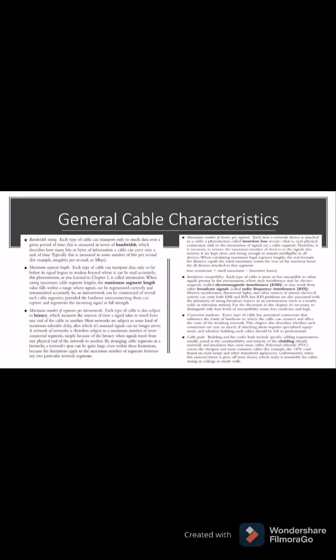Polyvinyl chloride or PVC covers the cheapest and most common cables, for example, the 120V cord found in most lamps and other household appliances. Unfortunately, when this material burns, it gives off toxic fumes, which makes it unsuitable for cable runs in ceilings or inside walls.